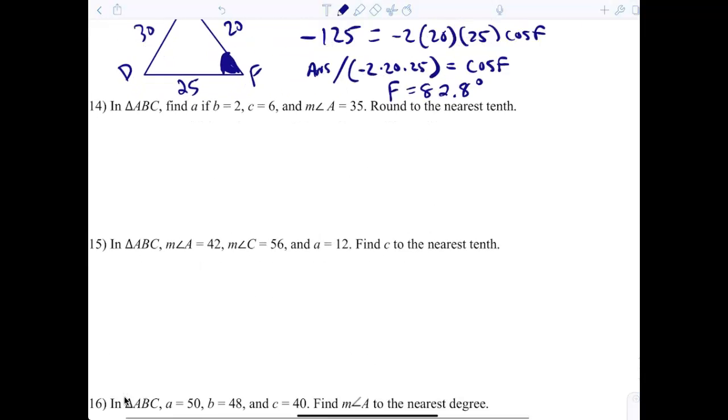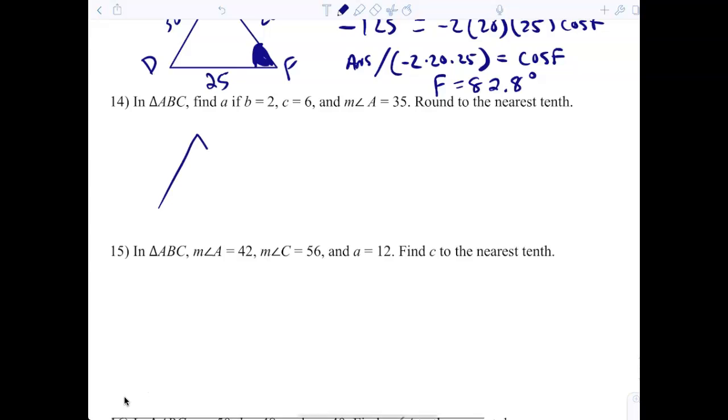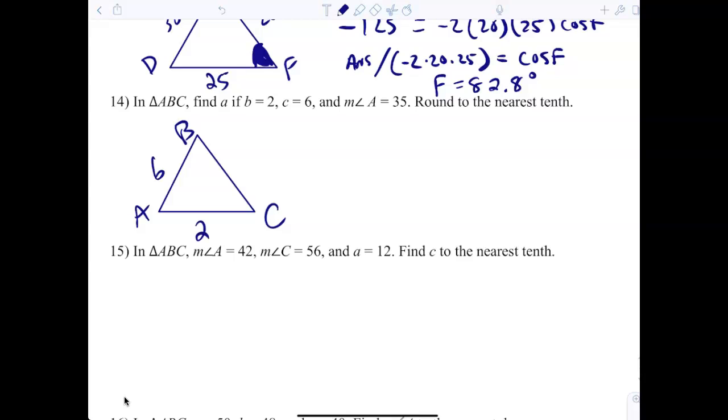14. All right. So again, it's just a matter of drawing the triangle. A, B, C. B is 2, C is 6, and angle A is 35. So this is what law? Law of cosine. Emily, is that right?